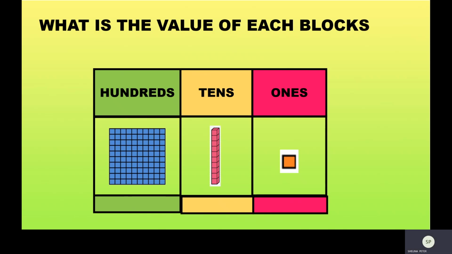Then we also learned the value of each block. So for ones place value, 1 unit block is equal to 1. For tens, 1 long block is equal to 10. And for hundreds, 1 flat block is equal to 100.